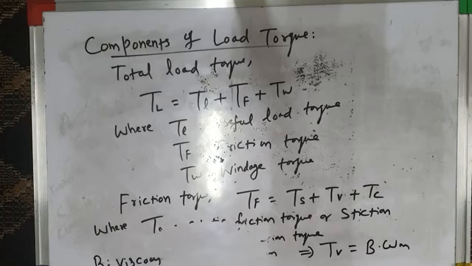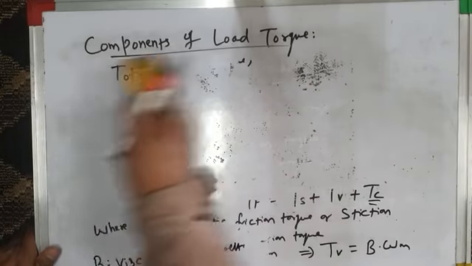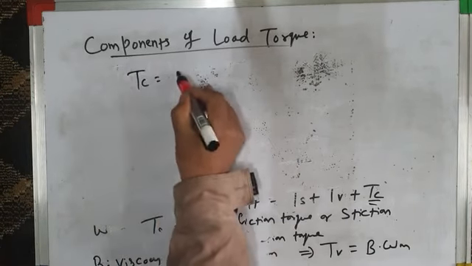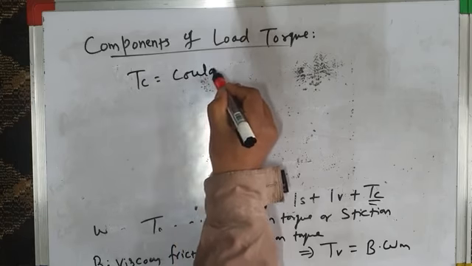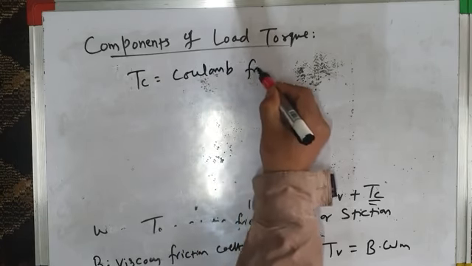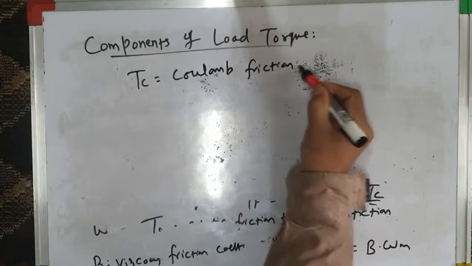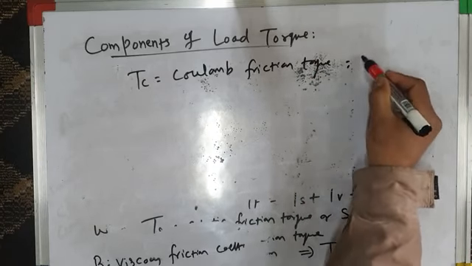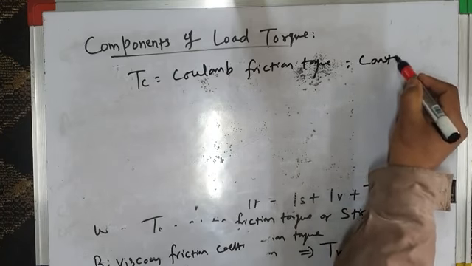And what is the third component of friction torque? TC. TC is called Coulomb friction torque, and it is not dependent upon the speed; it is always constant.